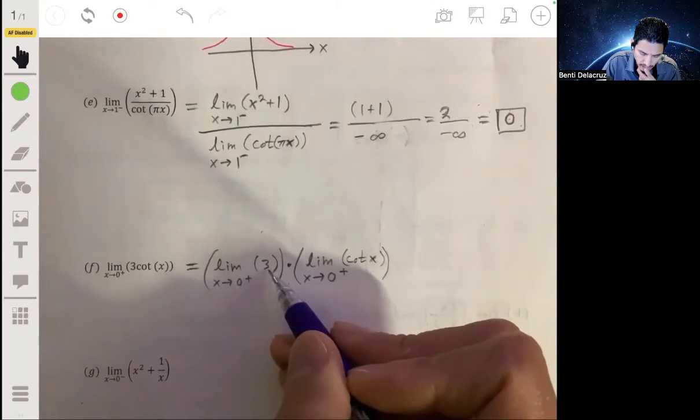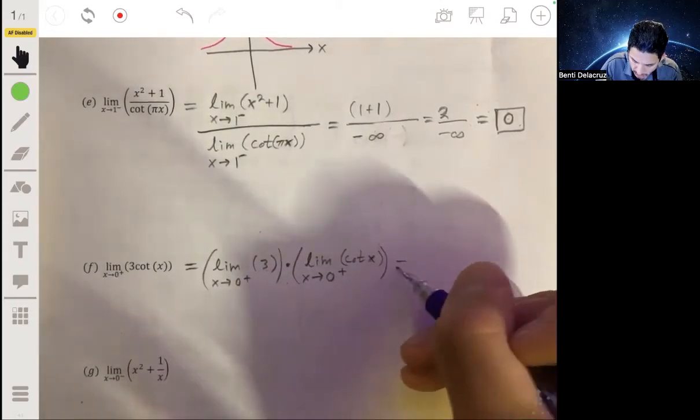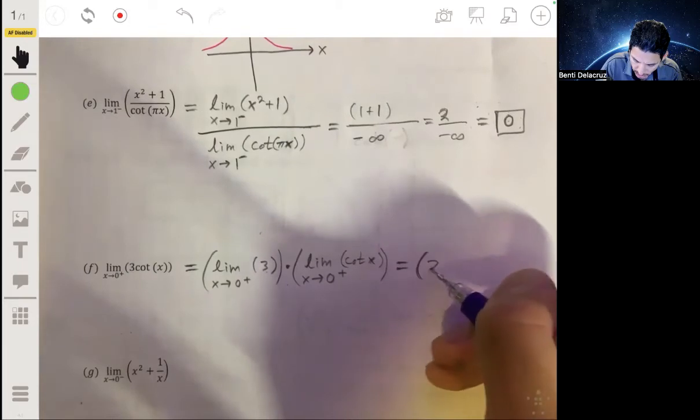Now this is a constant, so it doesn't change anything. It's just going to be 3.